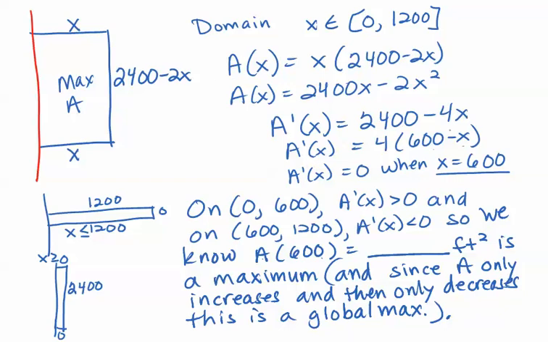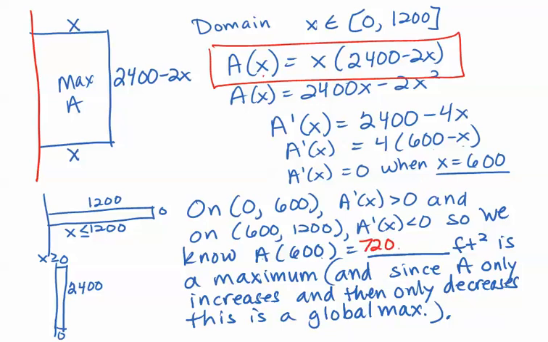We know that would turn out to be 0. So that might confuse you. So to find our maximum area, put 600 into your area formula, and you will come up with 720,000 square feet. So that's our maximum area.